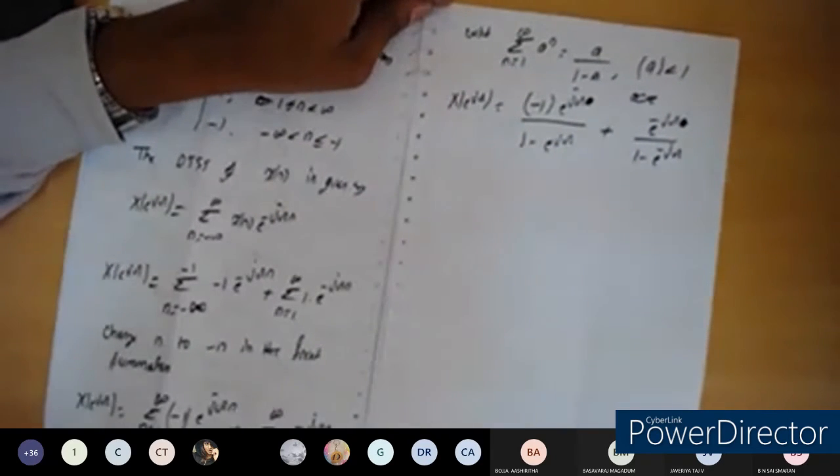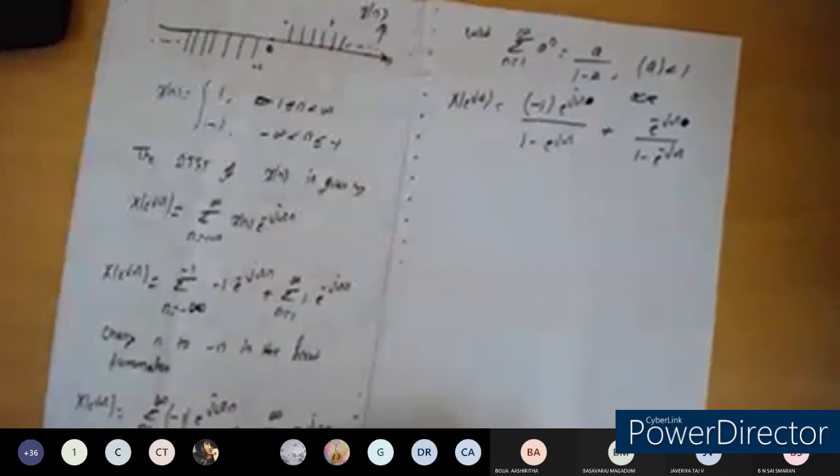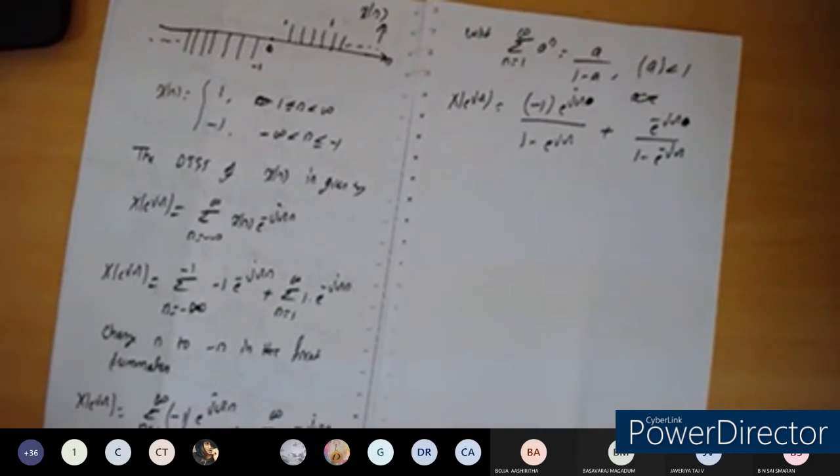Take the LCM, simplify and tell me the answer. Do it first. As you did in the last problem, you can take the LCM of this one. Tell me the answer, how much you'll get.